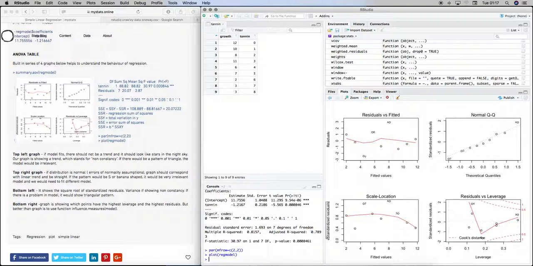The most interesting for us is the top left graph, residuals versus fitted, which should look like a night sky full of stars, and there shouldn't be any trend, because if there were some trend, the fit of the regression model wouldn't be good enough.